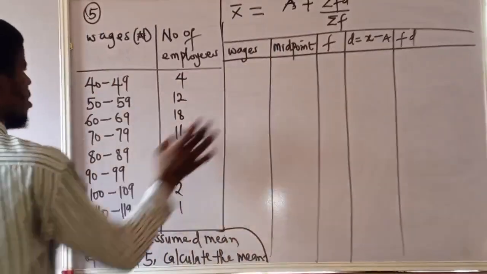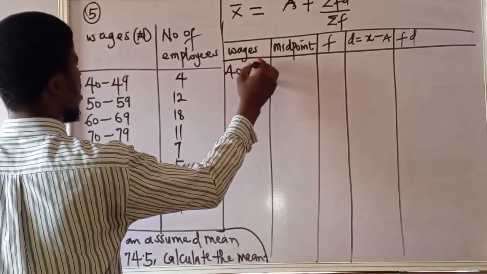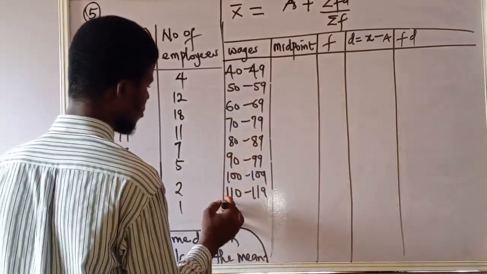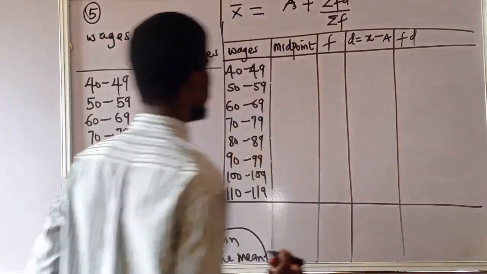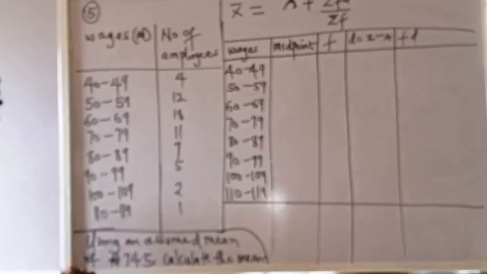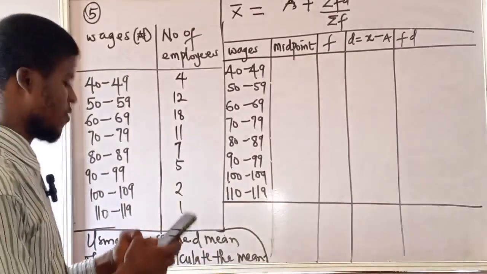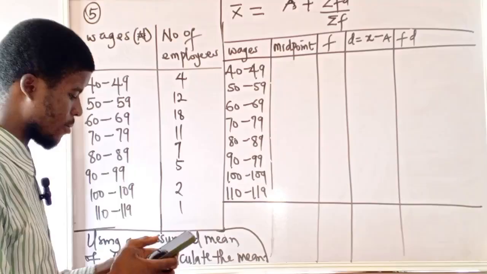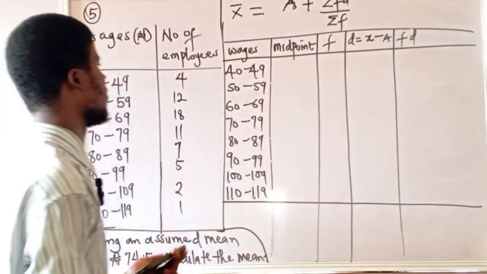Alright, the wages are here: 40 to 49, up to 110 to 119. Just keep watching. What is the midpoint? The midpoint of 40 and 49 is 40 plus 49 divided by 2, and that's 44.5.